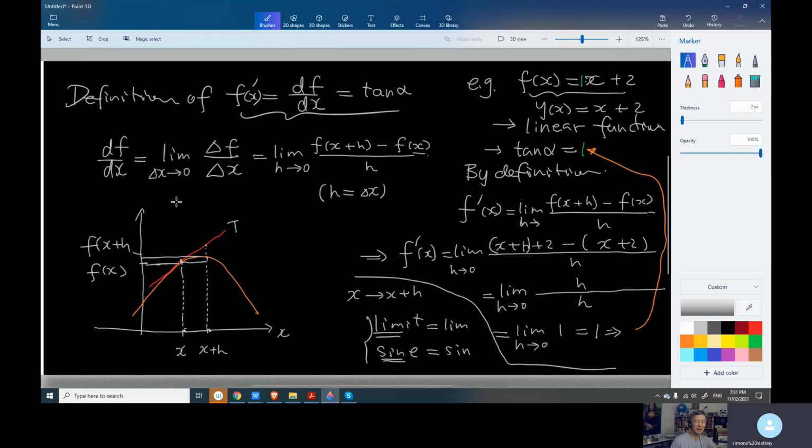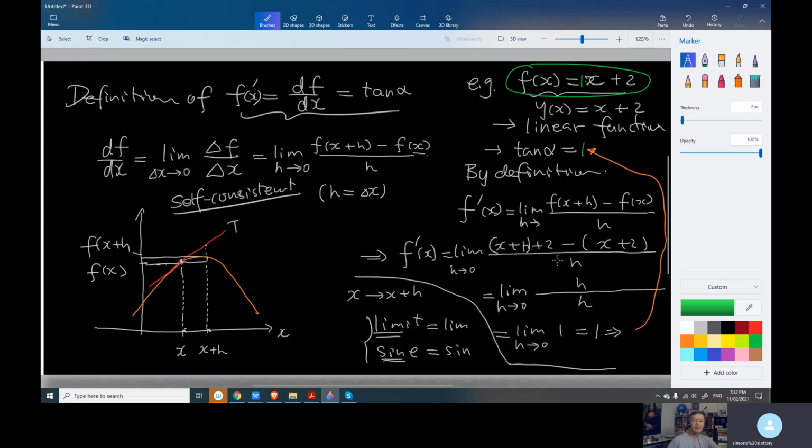So this definition is self-consistent, which means it's universal. You can apply it to a very simple function, or next we'll try applying this formula to a more complicated function.